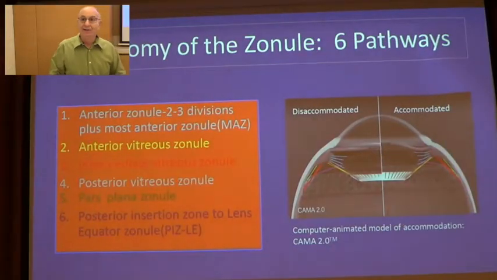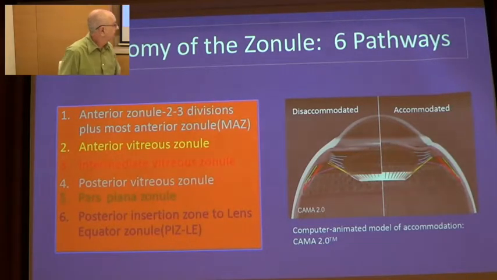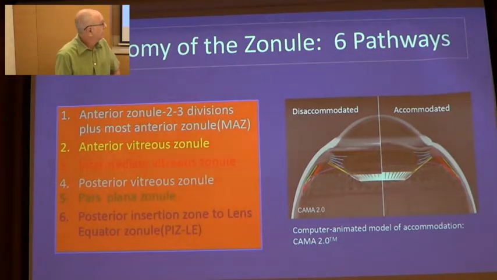So, it turns out that there are 6 zonular pathways, and these are all listed. It includes the anterior zonules, which are shown in blue, the anterior vitreous zonule in yellow, the intermediate vitreous zonule in red, the posterior vitreous zonule shown in gray.